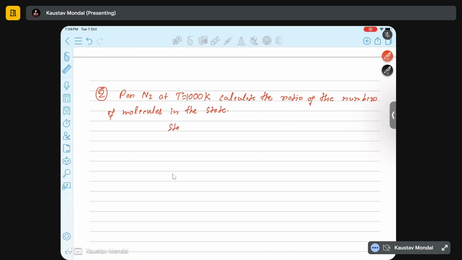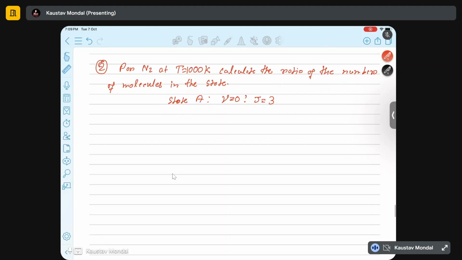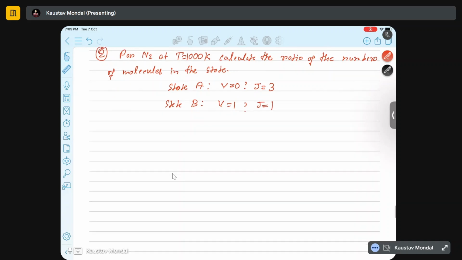State A has v equal to 0 and J equal to 3. State B has v equal to 1 and J equal to 1. And for this NO molecule, other constants are given.